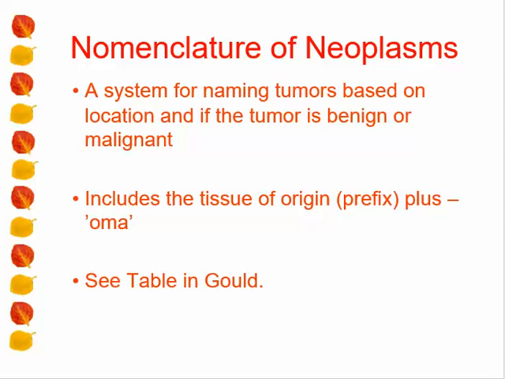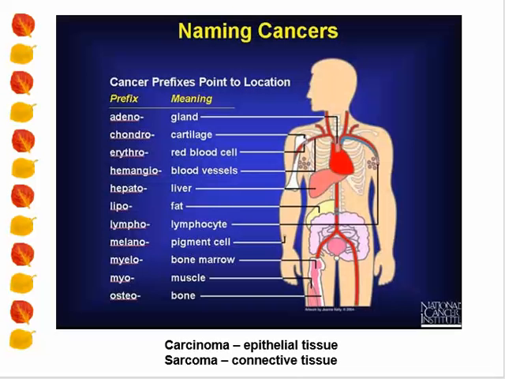There are tables in your textbook of this, but it makes a certain amount of sense. Adeno means gland, so an adenoma is a benign glandular tissue tumor. An adenocarcinoma is a malignant tumor of glandular epithelium. That's why it's carcinoma.